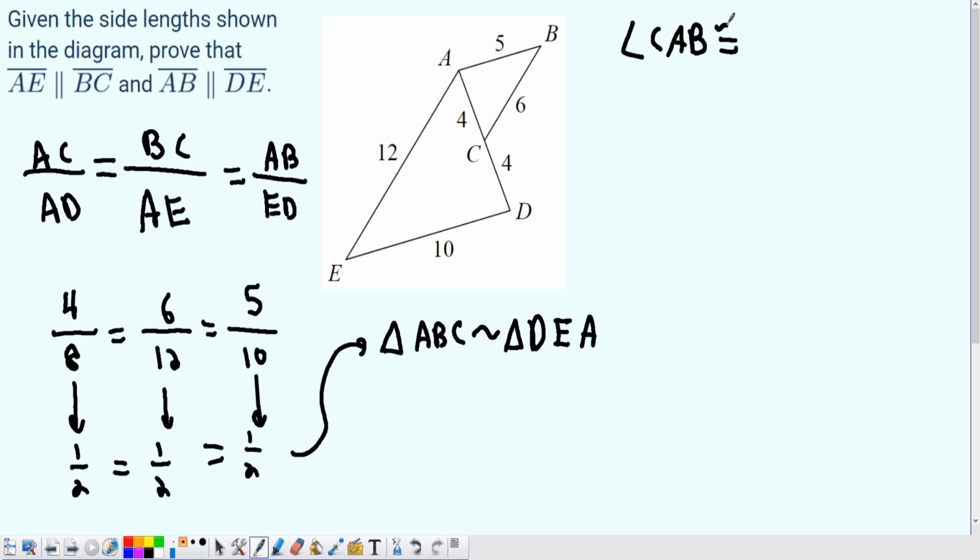Which one would that match up with? You notice that this angle is between the smallest and the medium side. Well, what other angle is between the smallest and the medium in the other triangle? That would be the angle at D, or ADE.